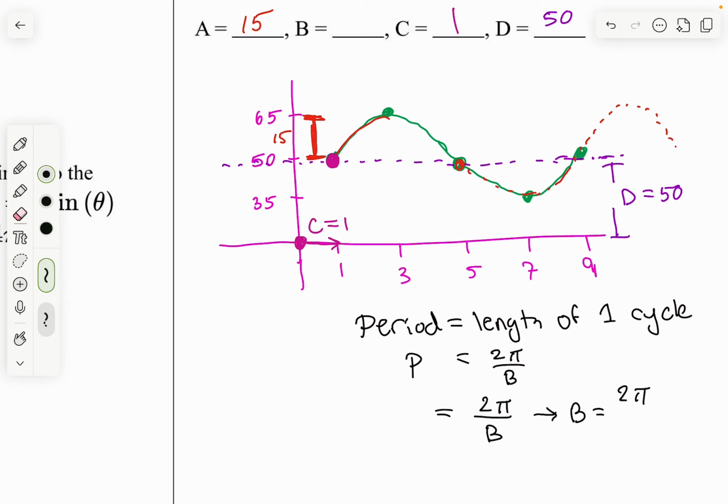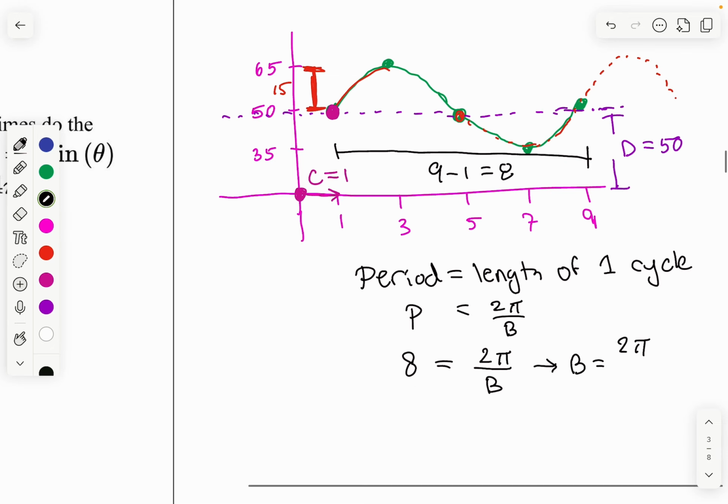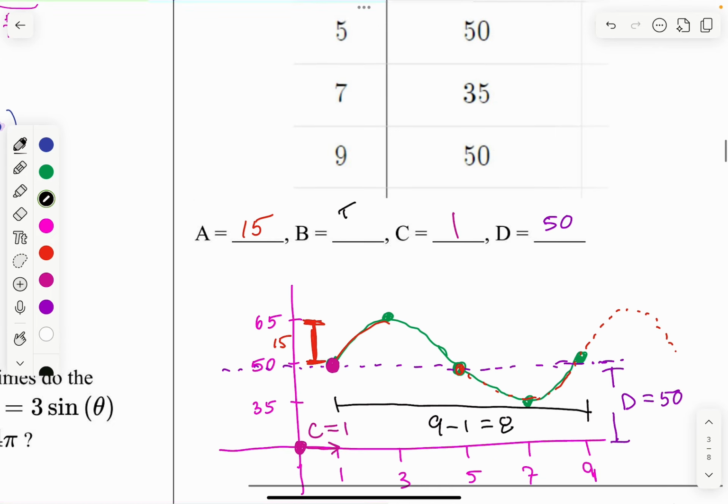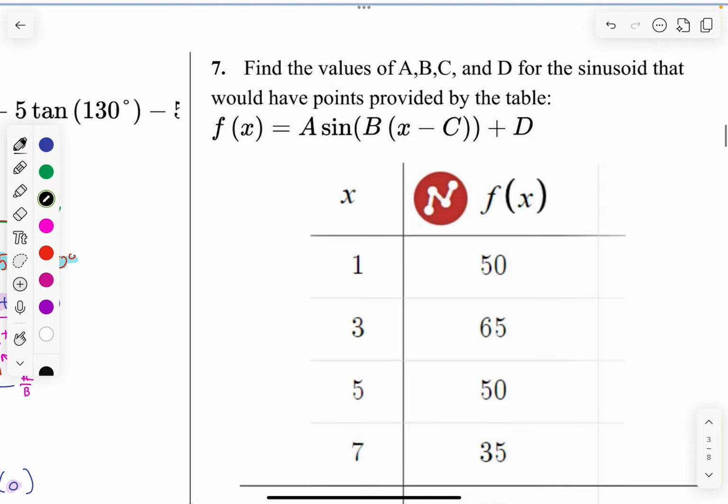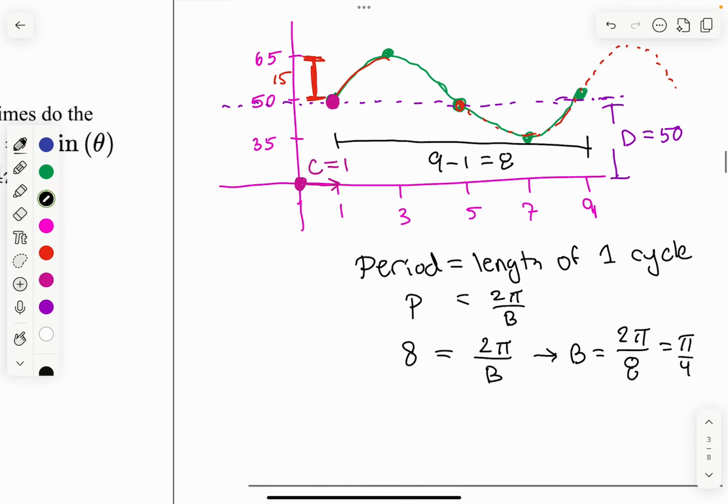It's this distance here, the length of a cycle from 1 to 9. So B is 2 pi over 8, which we reduce to pi over 4 if we want. And now I've got a full equation for this sinusoid according to what they asked.